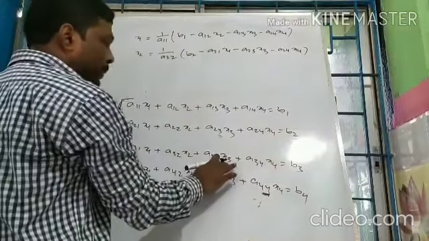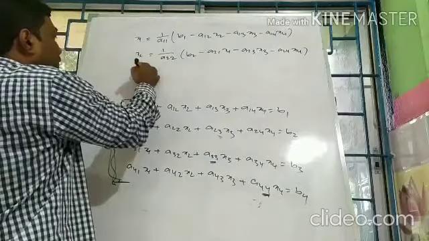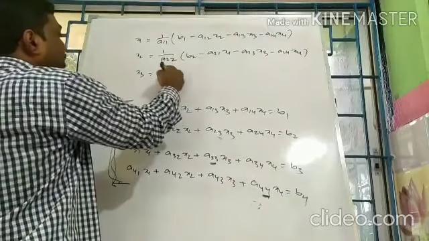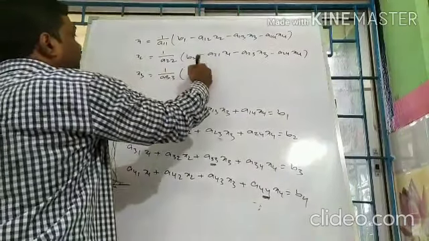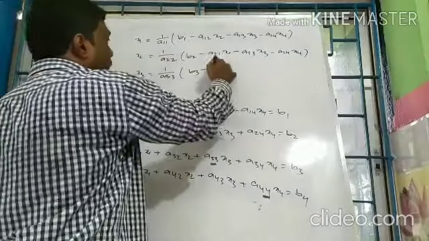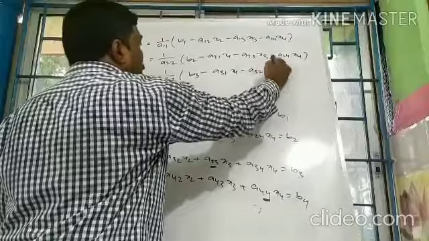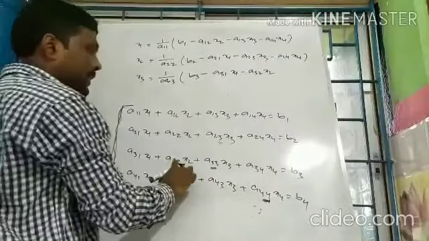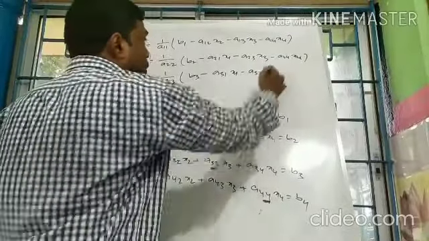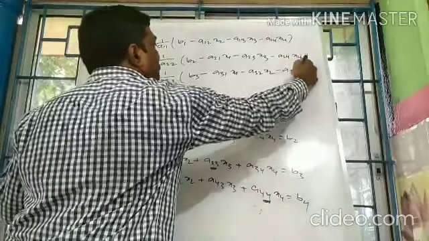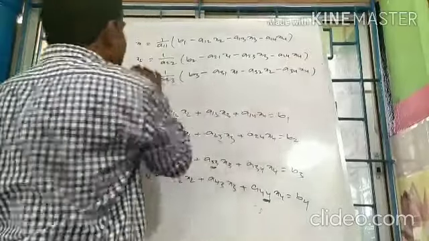Next calculate x3 from the third equation. So x3 is what? x3 equals to 1 by a33 b3 minus a31 x1 minus a32 x2 minus a34 x4. This is x3.